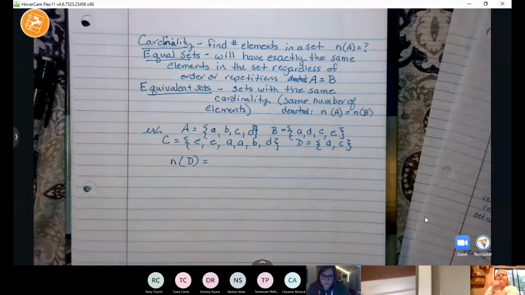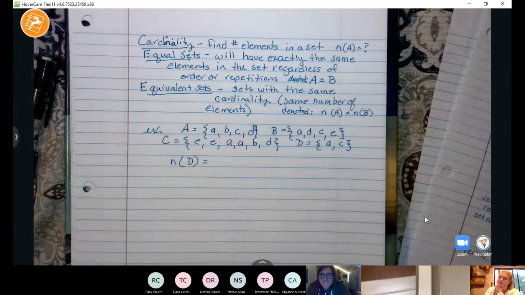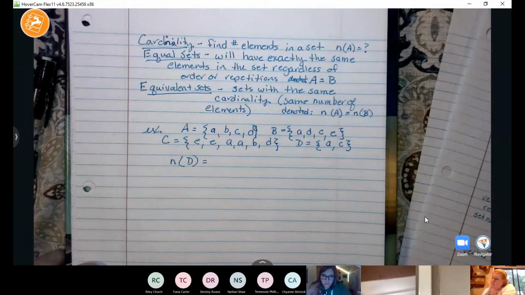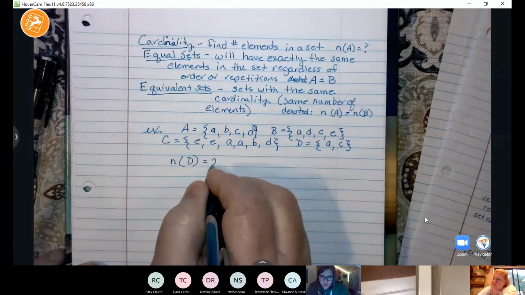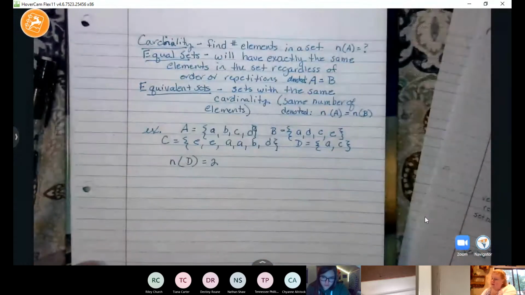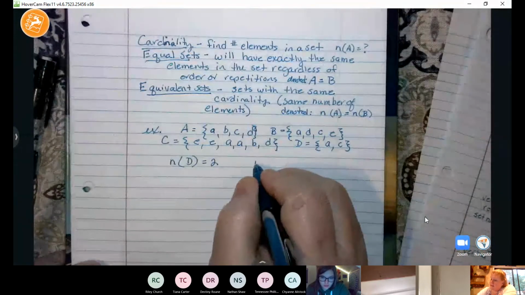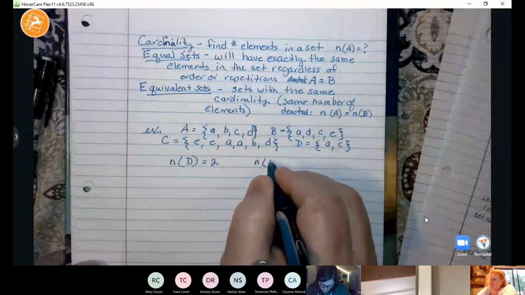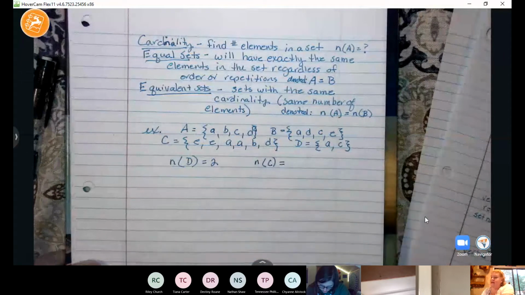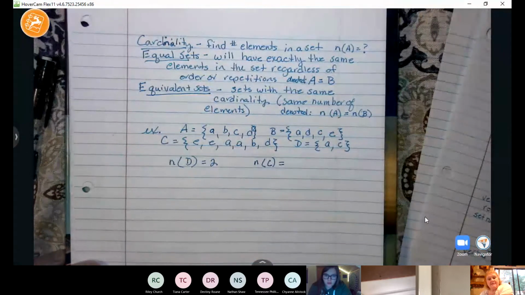So if I wanted to find the cardinality of set D, how many elements does set D have? What would I put for the number of elements in set D? That would be 2. If I wanted to find the cardinality of set C, how many elements does set C have?